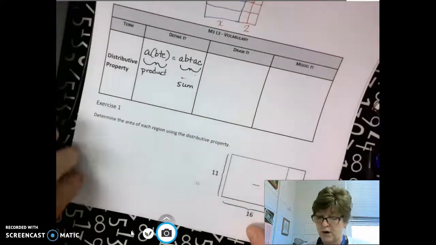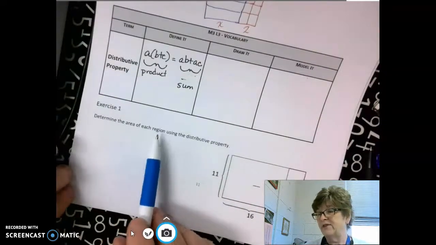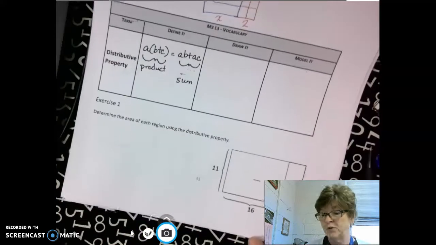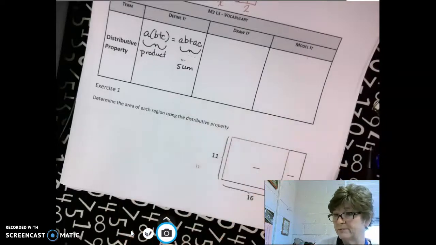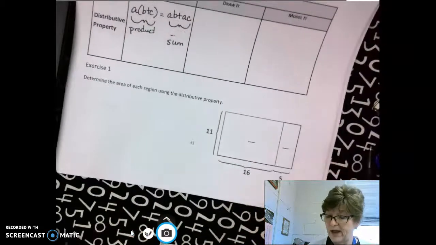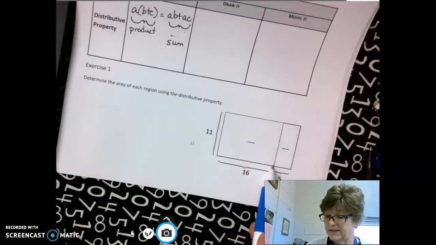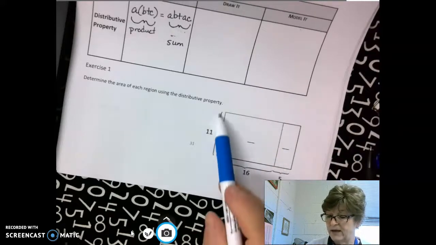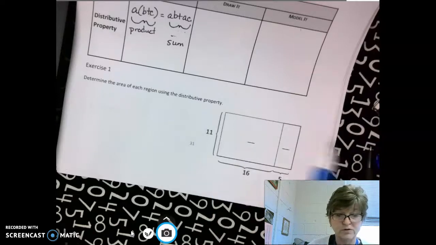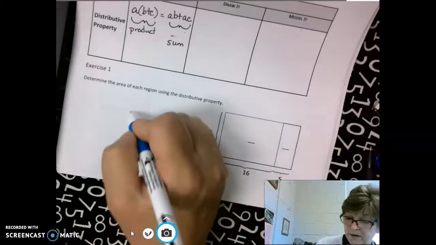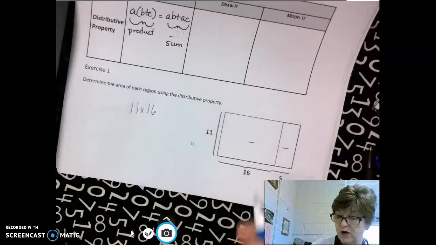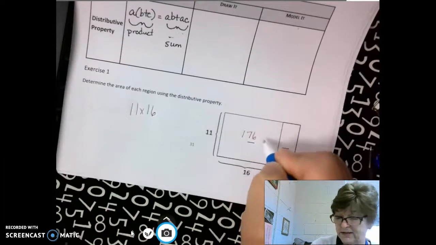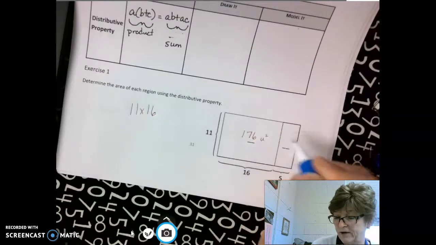Exercise 1. Determine the area of each region using the distributive property. Remember that area is equal to the length times the width. And we have 11 by 16 here, and then 11 by 5 here. So we have 11 times 16, which totals 176, that would be units squared if we were looking at the true area.